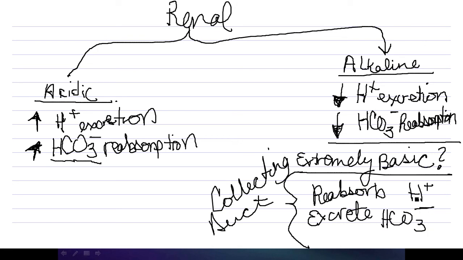Now this begins to help us if we are extremely alkaline to the point where we've stopped excreting hydrogen ions and we still don't have enough. Well, we better start reabsorbing them to try and fix it. But that typically only occurs if we are extremely alkaline or extremely basic. Remembering, alkaline and basic mean the same thing.